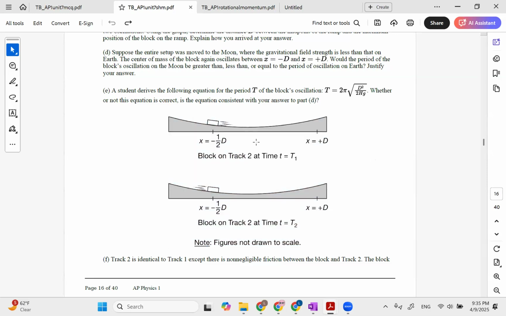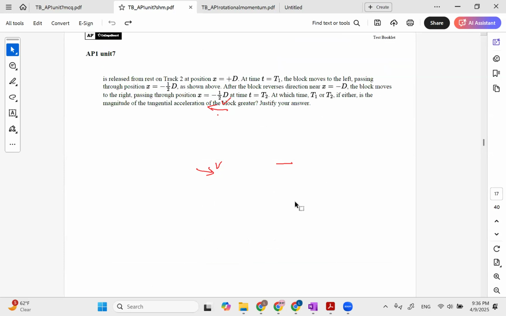Similar track, right? But there's friction here. So x equals negative half d in this location. At time t1, it is going up the ramp. At time t equals t2, it is going down the ramp. That's the direction of velocity. So right now you need to analyze the force. So how do you do this question?